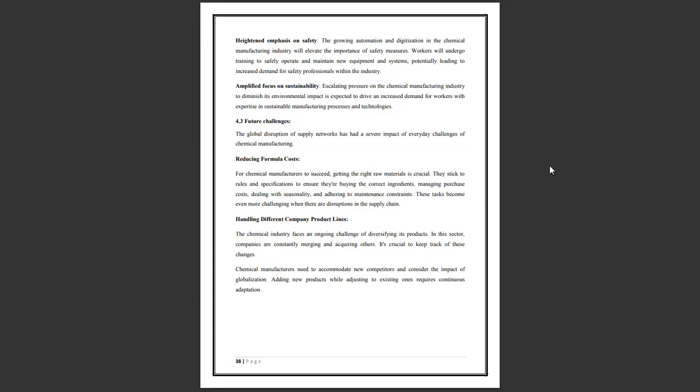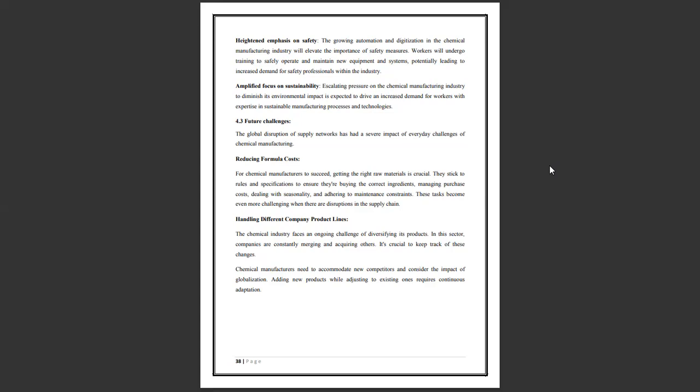And the last point is the future challenges. Which future challenges will we face in smart manufacturing? The global disruption of supply networks has had a severe impact on the everyday challenges of chemical manufacturing. In this regard, the first point is reducing formula cost. For chemical manufacturers to succeed, getting the right raw material is crucial.